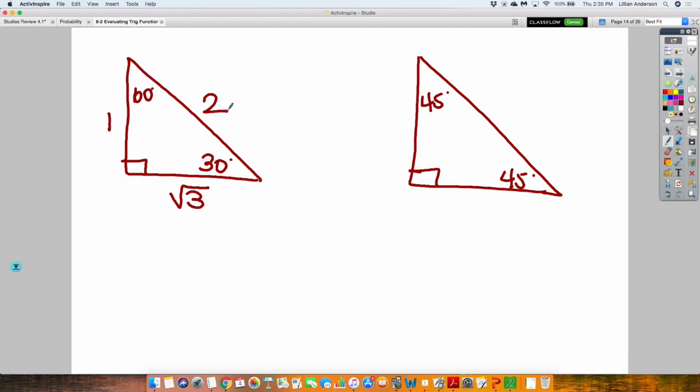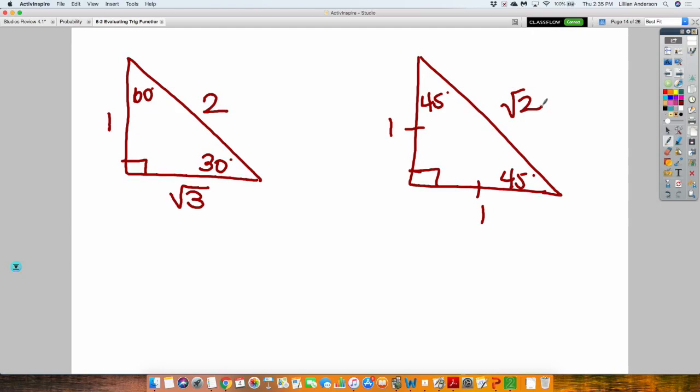And the side across from your 60 was always your smallest side times the square root of 3. And in your 45, 45, 90 triangle, since these two angles are congruent, that meant that these two sides were congruent. So both of these were labeled 1, or x, and your hypotenuse was the square root of 2.